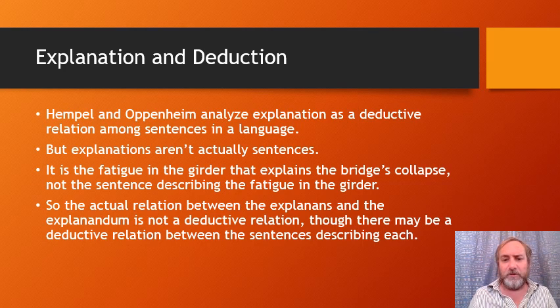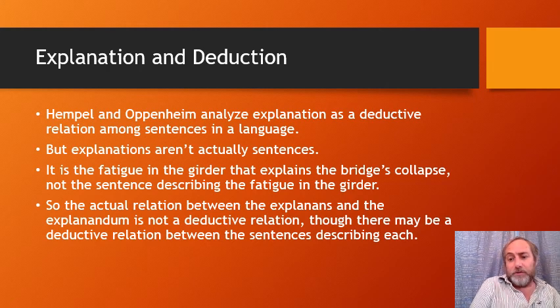So this is maybe a nitpicky point, but an important one. You shouldn't just run around saying explanation is deduction, because deduction is a relation among sentences, propositions. Explanation is something else, something that happens in the world.